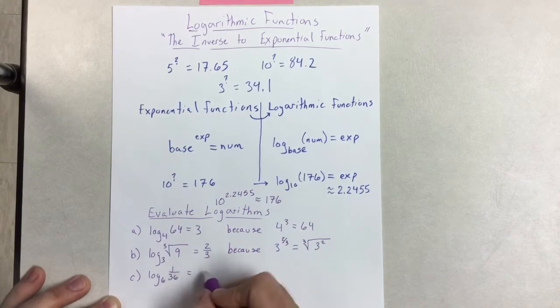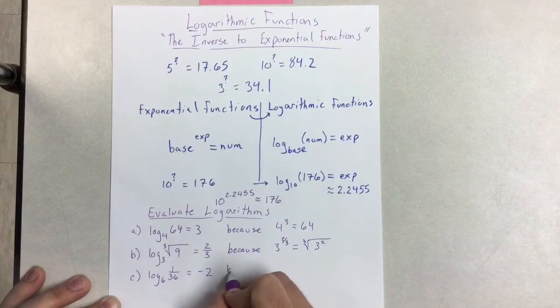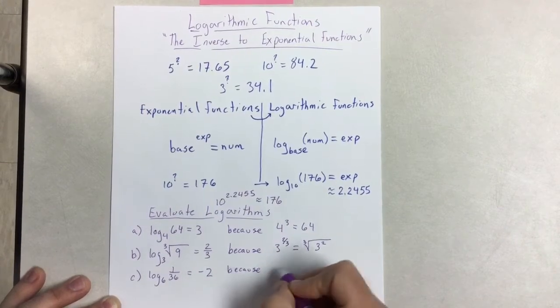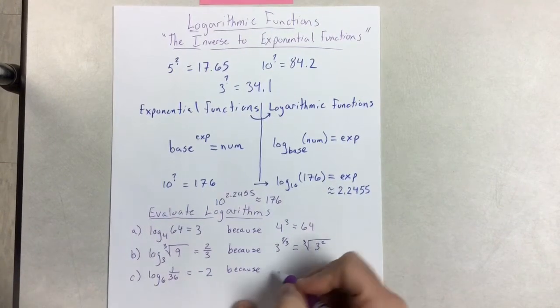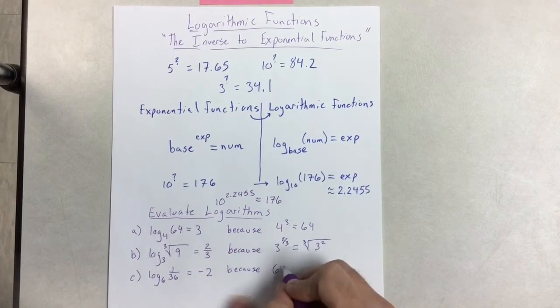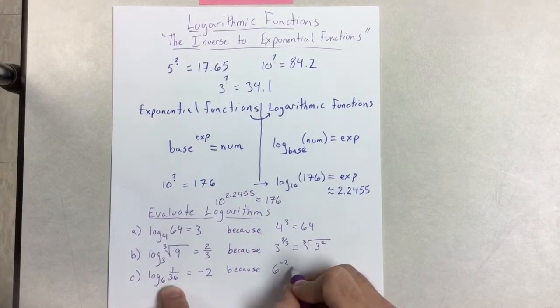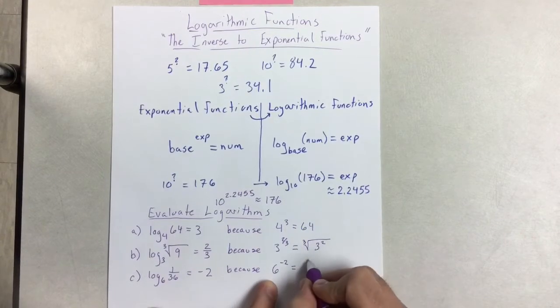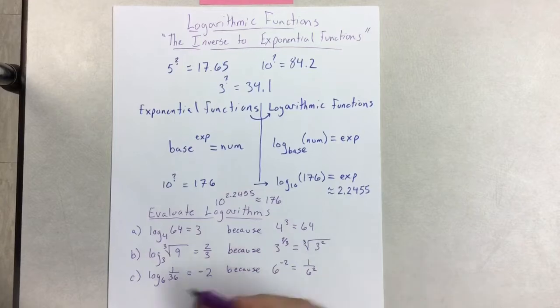Well, we find that it's -2 because, and we've seen this briefly before in this course, but definitely in other courses, if I raise any number to a negative power, it pushes the base to the denominator. So it'd be 1/6 squared, which is where we get the 36.